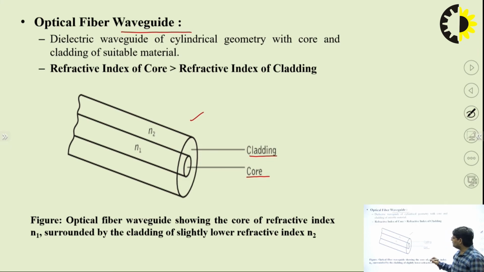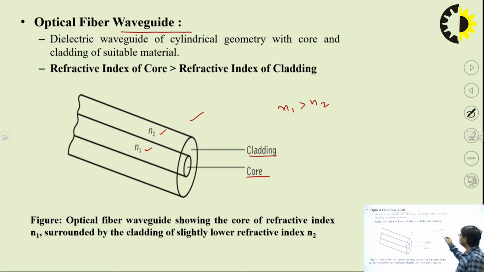The refractive index for the core is N1, and for the cladding is N2. For the propagation of light, the required condition is that the refractive index of the core must be greater than the refractive index of the cladding.